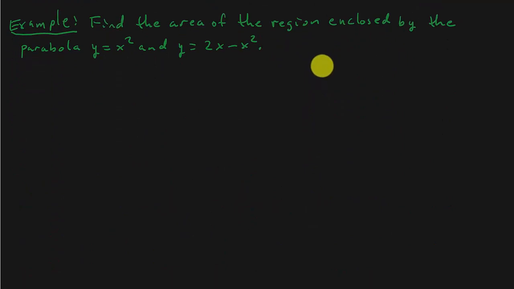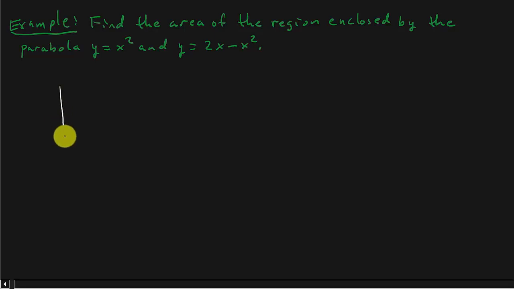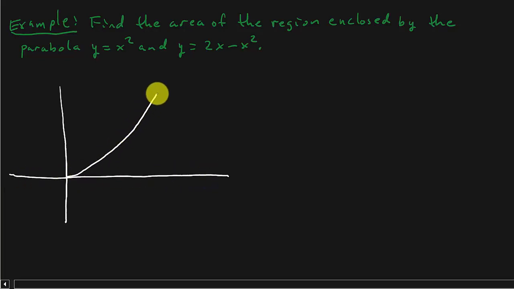Find the area of the region enclosed by the parabolas y equals x squared and y equals 2x minus x squared. So let's sketch the graph. Here's x squared. It's going to look something like that.